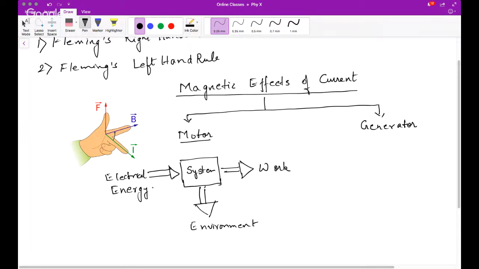So what is a motor? So what is the input here? If you see, input is electrical energy. Input is electrical energy and output is work. This is the output. Always remember this diagram.